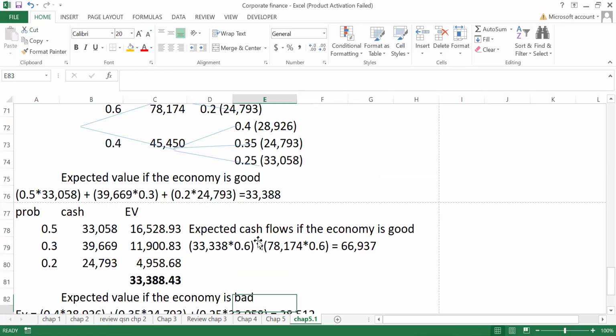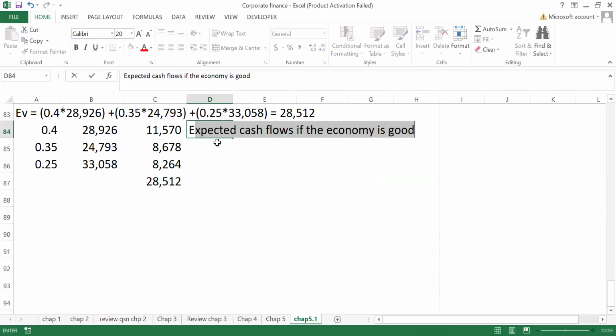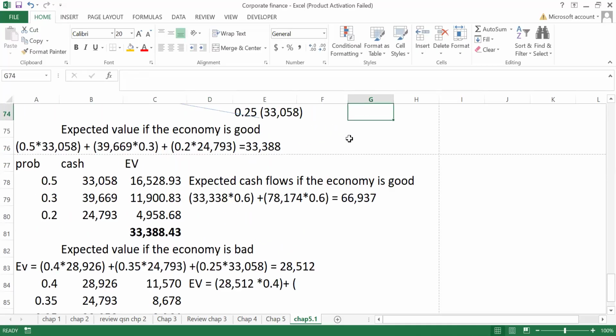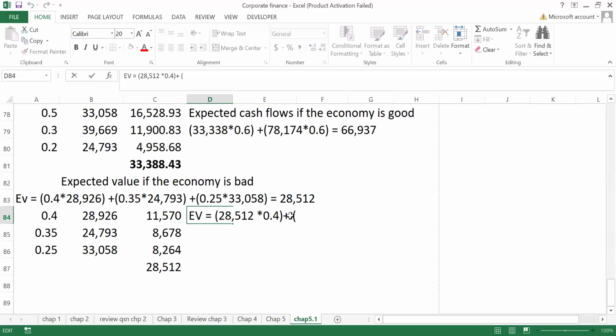So our total expected value in the second year will be 28,512 times 0.4, plus the cash flows in the second year if the economy is bad, $45,450 times 0.4.